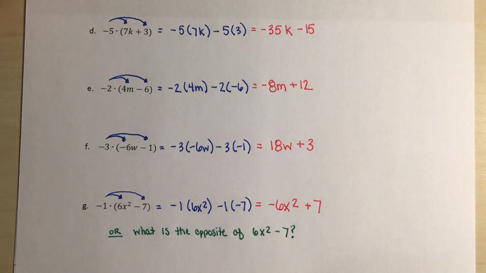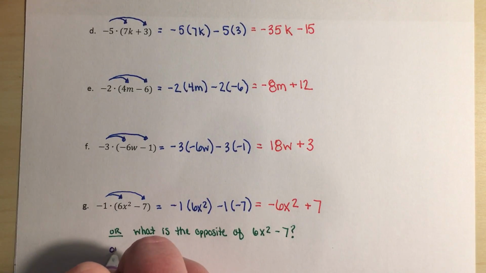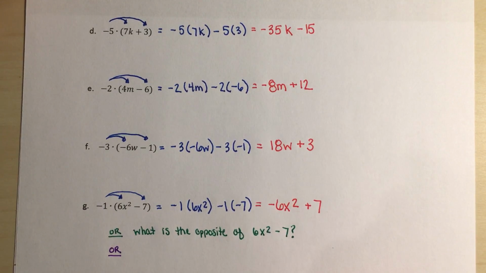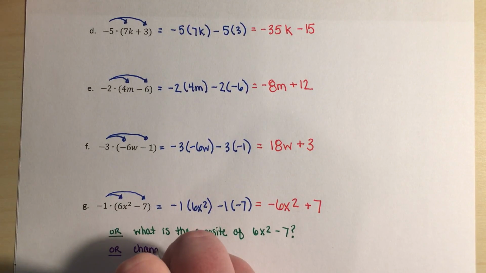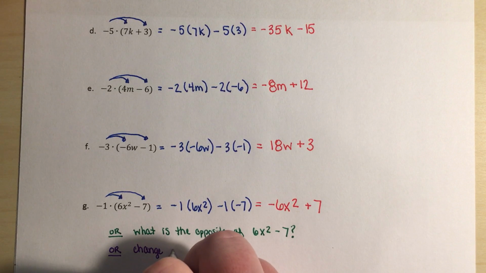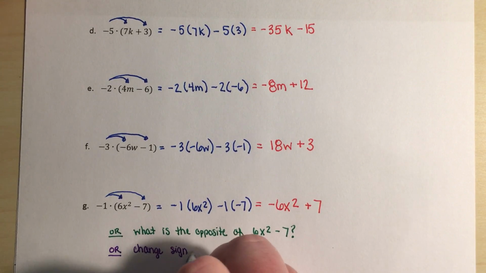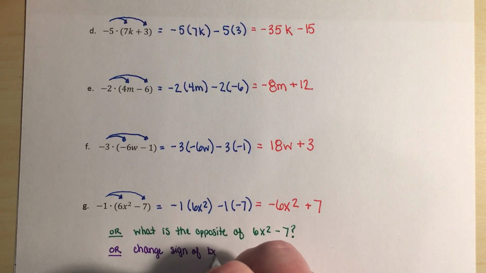Another way we could think about it, if we compare our original expression to our answer, we've simply flipped our signs. Everything that was positive turned negative, everything that was negative turned positive. So we could also think about this as changing the sign of both terms.